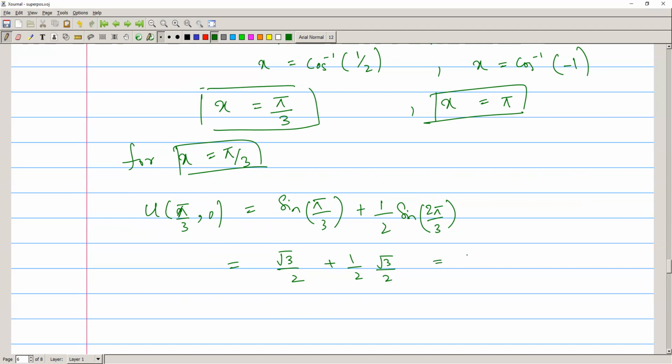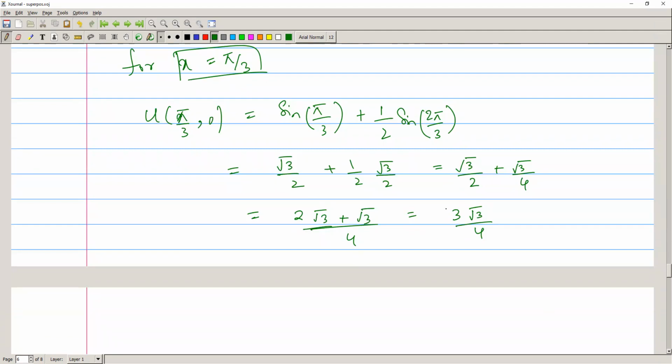So this is equal to square root of 3 over 2 plus square root of 3 over 4. So this is equal to 3 square root of 3 over 4.